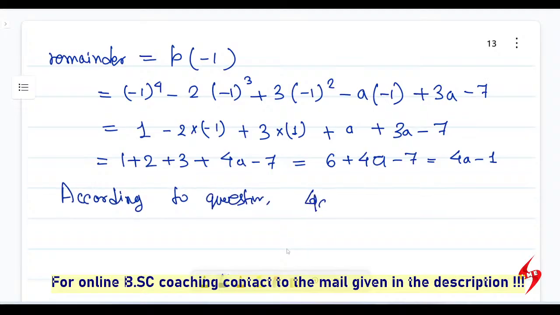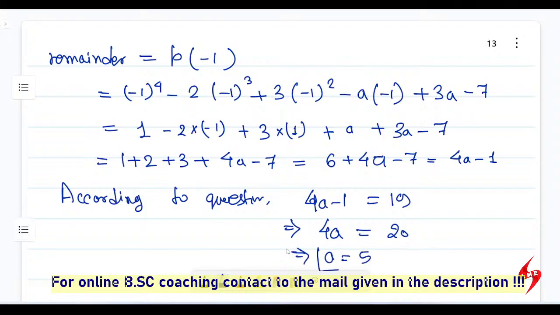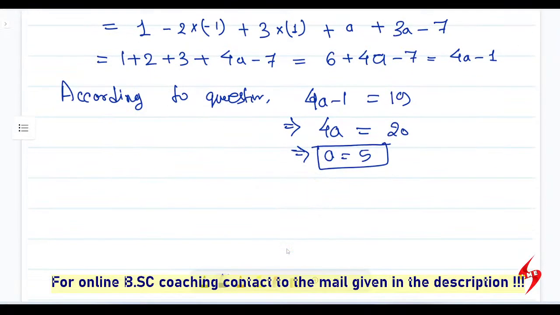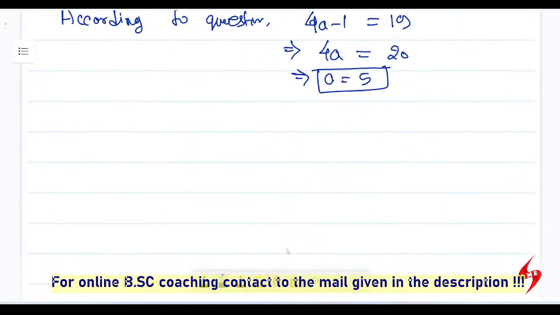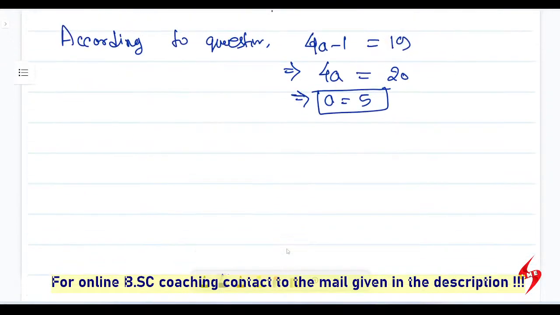According to the question, this is my given value, that is 19. So 4a should be 20 and a should be 5. So this is the a.